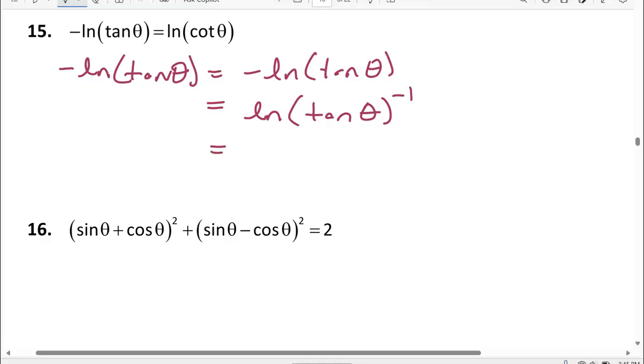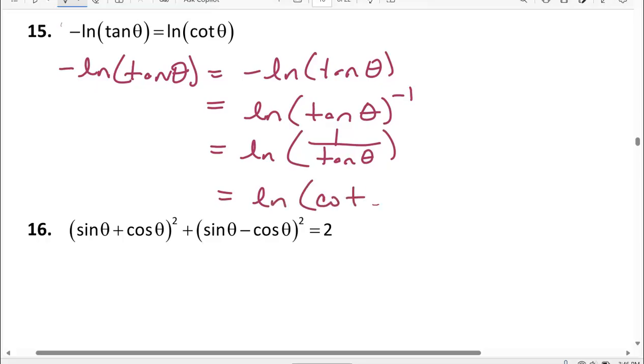When I raise anything to the negative 1 power, it is finding its reciprocal. And its reciprocal would be 1 over tangent of theta. And 1 over tangent of theta is the cotangent of theta. And so I'm just going to bring the left side of that statement down to the final statement, which is what we were trying to prove.